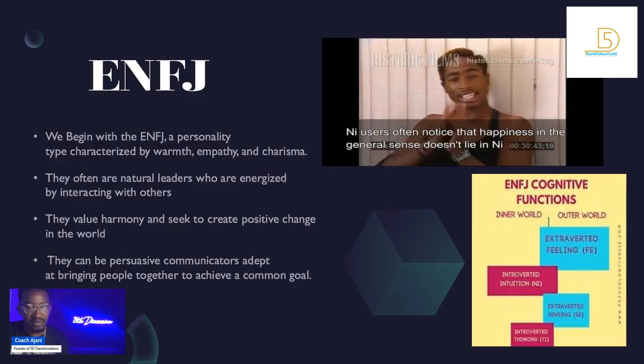Their functions put them in a position where, due to their introverted intuition and their extroverted sensing being their second and third functions, they're balancing this line between their mind and trusting their hunches and balancing that with the external world and going out into the external world and testing it.